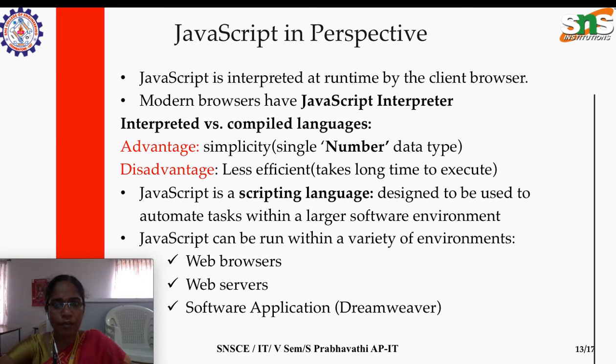The client environment will have the JavaScript interpreter, which runs while the page runs. It means it is not already compiled, so it will take some extra time to interpret the statements and run. The advantage is it's quite simple, no need for two steps, first compiling and then executing. Instead it goes straight to execution for simplicity.